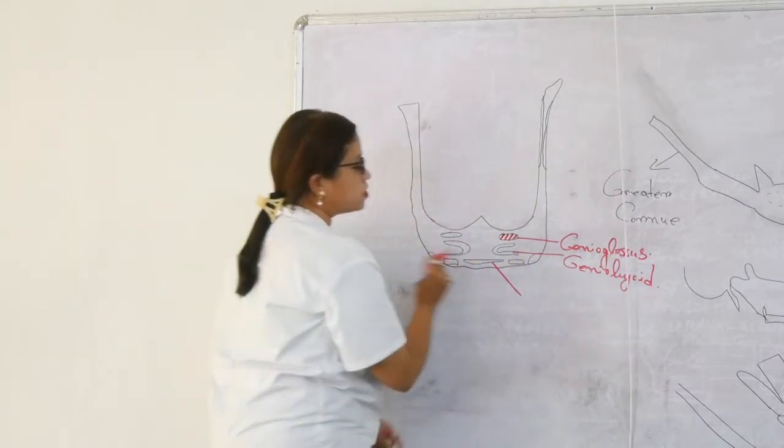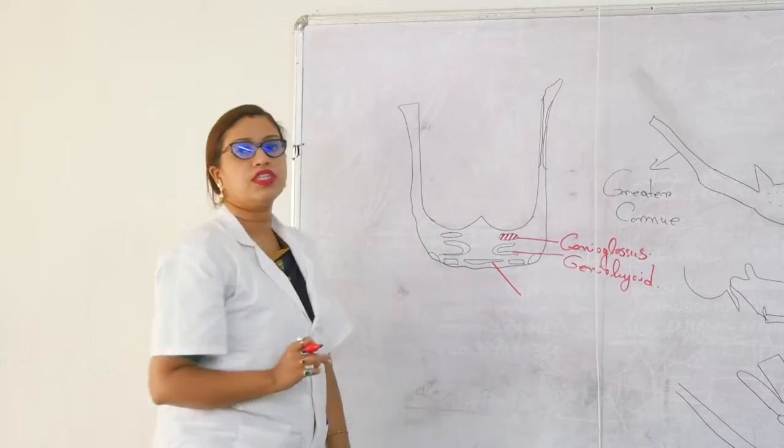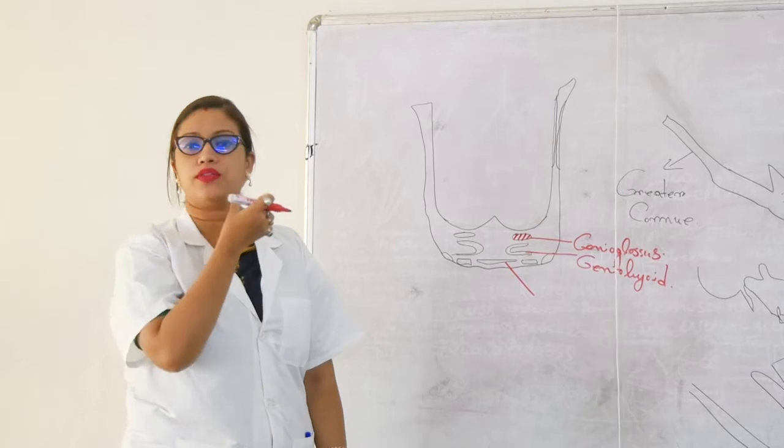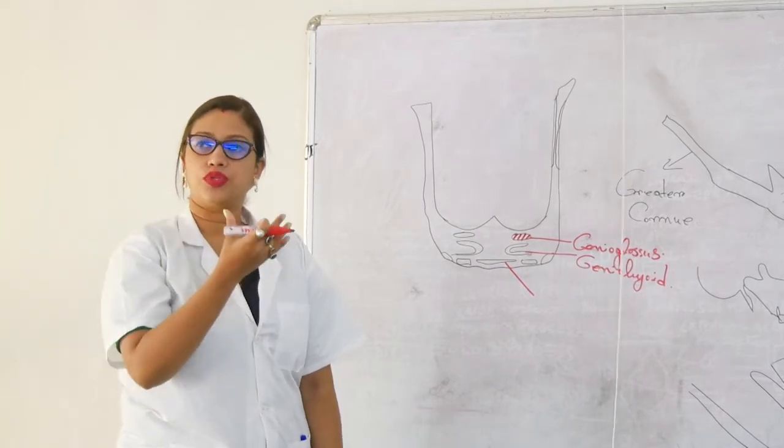This muscle going horizontally is the mylohyoid, which is attached to the mandible.